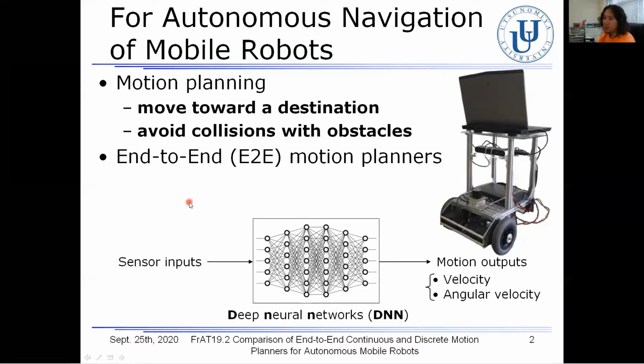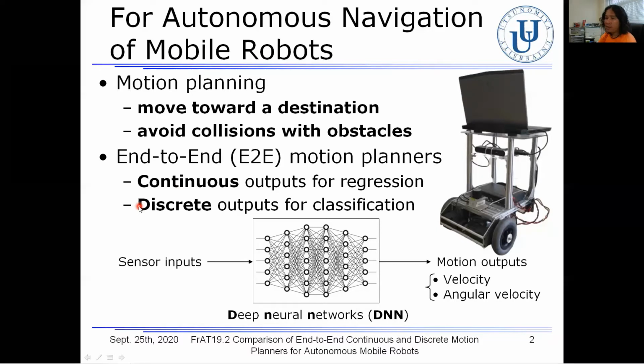The E2E motion planner is roughly divided into continuous and discrete types, depending on the outputs. For a regression problem, the E2E motion planner that determines the continuous values of, for example, velocity and angular velocity is used.